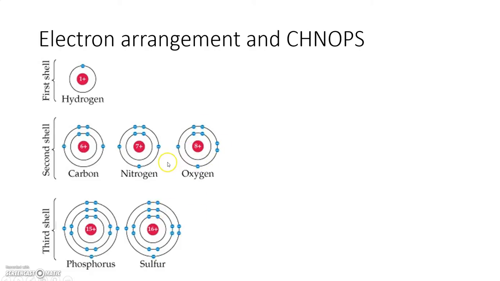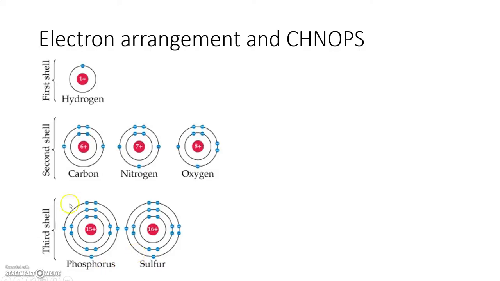If you look at the outer orbitals, the first orbital can hold 2, the second can hold up to 8, and same for the third. And you can see none of these has a completely full valence electron orbital. This is going to be really critical because all of these atoms are going to try to stabilize and reach a stable valence electron level by sharing or exchanging electrons.